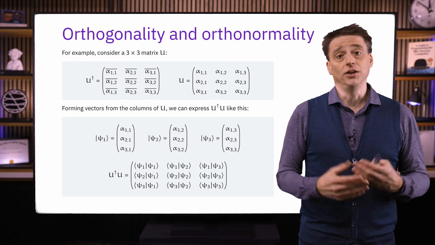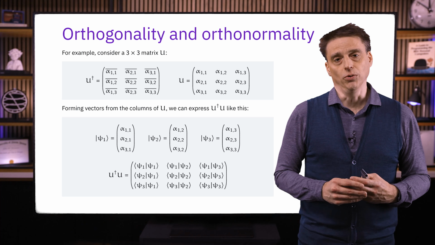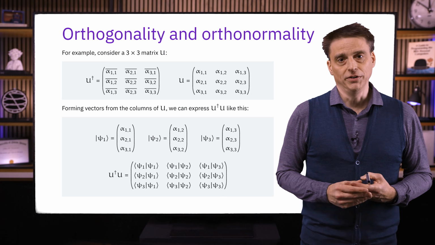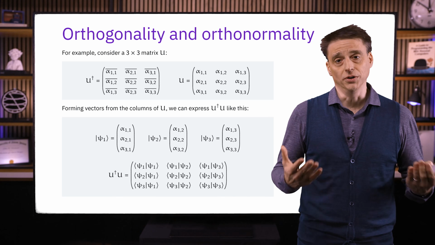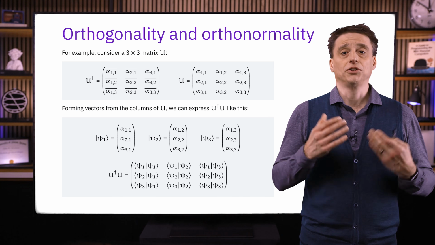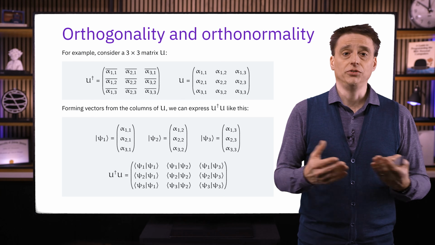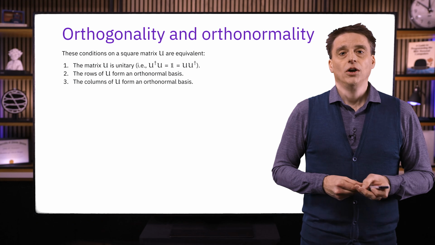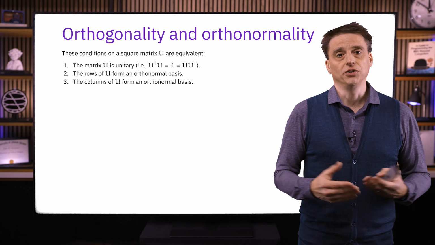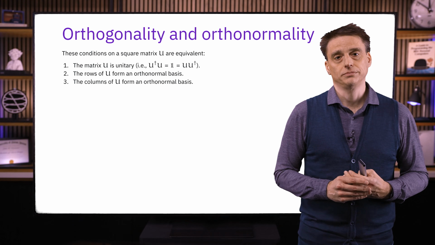And here I do mean to say transpose and not conjugate transpose. It's pretty trivial from the definition of unitary matrices that the conjugate transpose of any unitary matrix is unitary, but it's also the case that the transpose of any unitary matrix is unitary. In any case, we have the equivalence between these 3 conditions on any square matrix U.